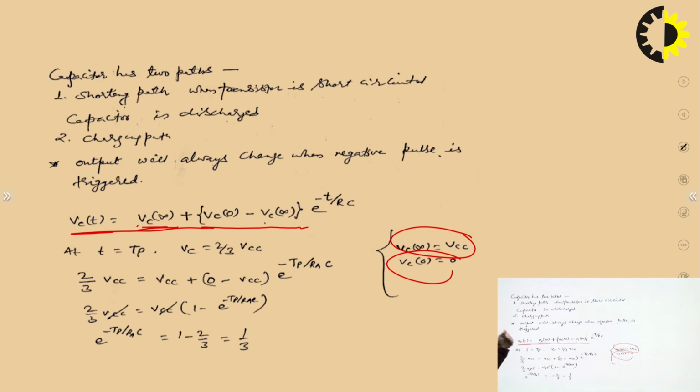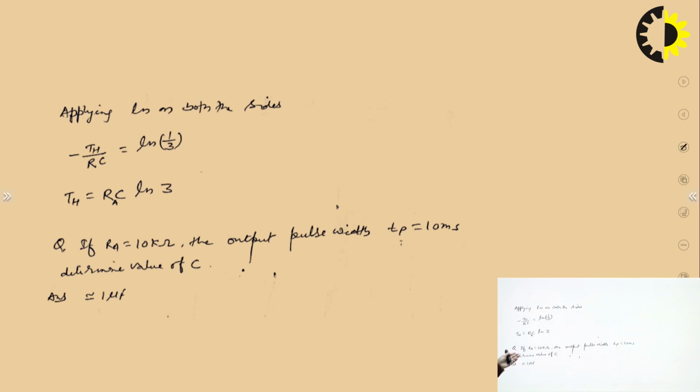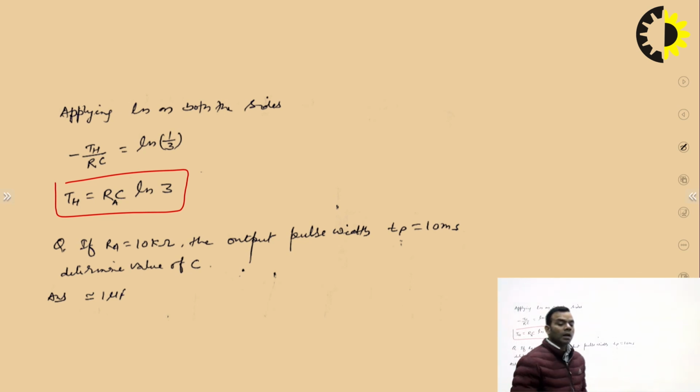So when you put these values at t equal to Tp, Vc is equal to 2 upon 3 VCC, you will get e to the power minus Tp upon RAC is equal to 1 by 3. If you solve it, you will simply get Th is equal to RAC into ln3, and if you put the value of ln3, it is 0.69. In this way, you can find out for what duration the output of the monostable multivibrator will change.